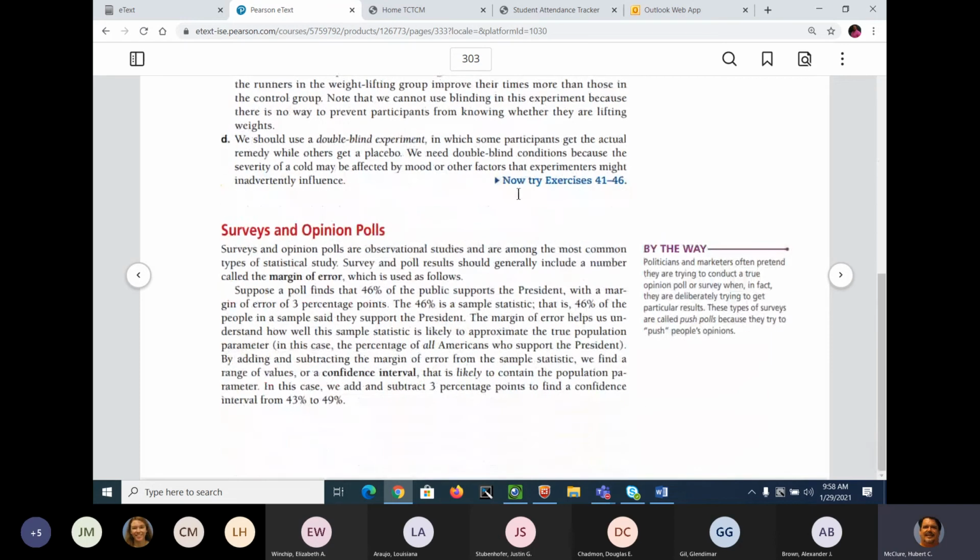Survey and opinion polls. Opinion polls, are they good for probability and statistics? No. Why? Starts with an S. They are subjective.